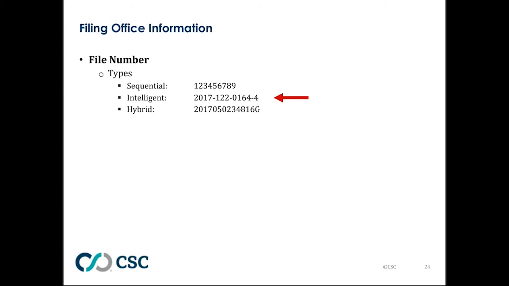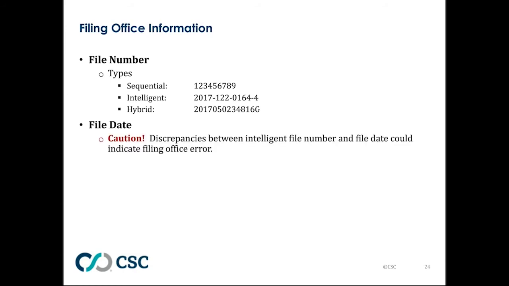Hybrid numbers might have just a date and then a sequential number in it, but all of these can be helpful for the searcher to identify a potential flaw in the search, because if they don't match up with the dates that appear in the index for file date and lapse date, that can be an issue. The file date should be the date when the filing office received it and assigned its file number.